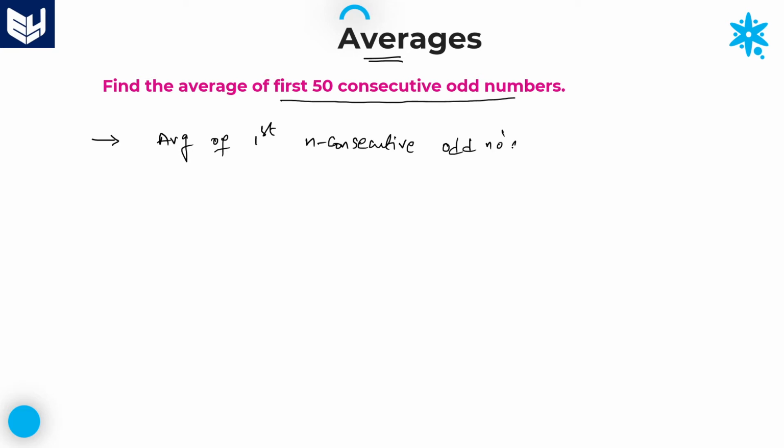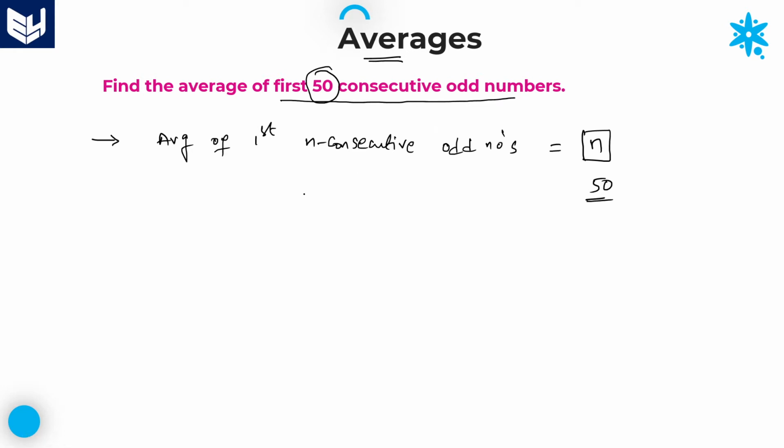The average of first n consecutive odd numbers is always n. So as we are talking about 50 consecutive odd numbers, the required average is 50 only. 50 is the right answer.